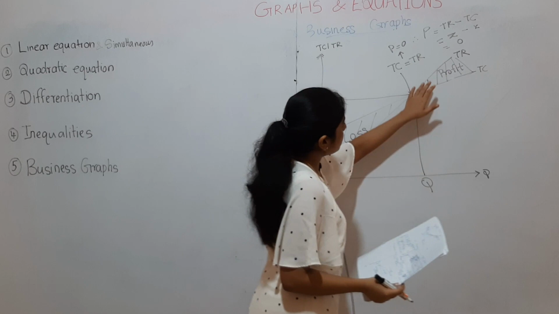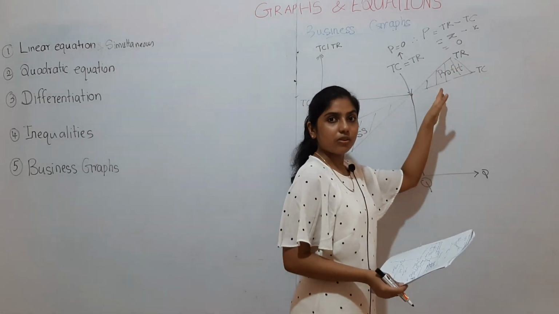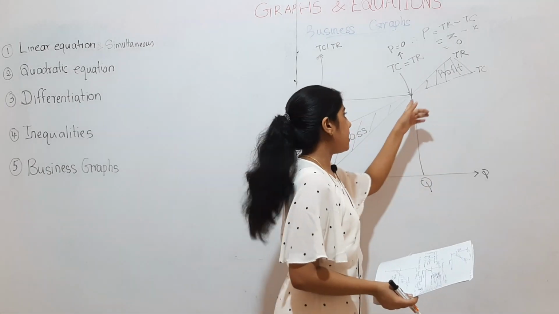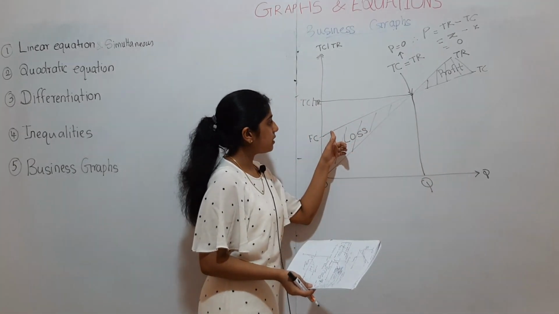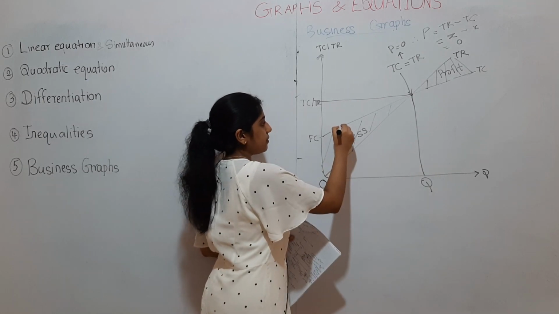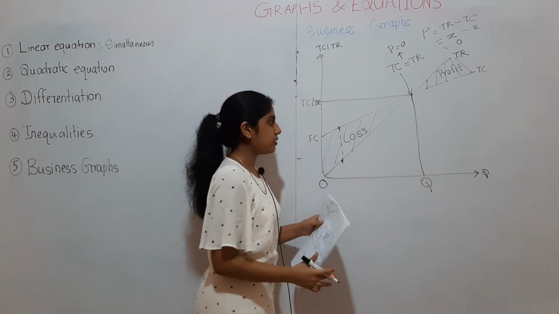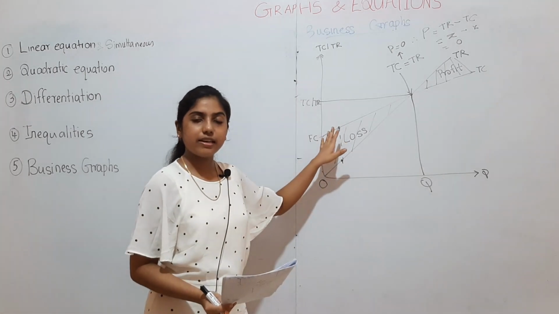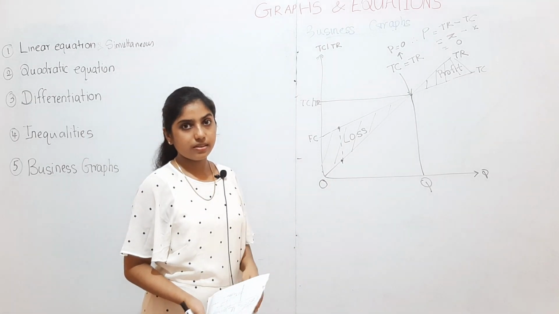Because here the total revenue is greater than the total cost, whereas here the total cost is here, but the total revenue is here at this point. So see, cost is higher than the revenue. That's why there is a loss.